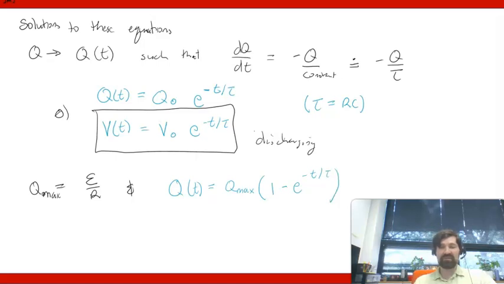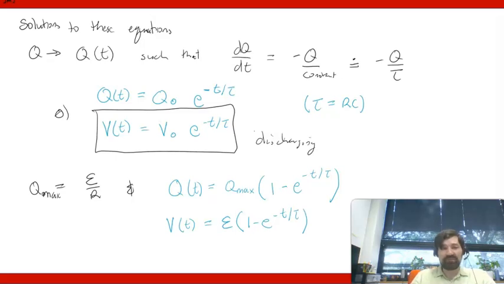Again, tau is RC. And therefore V of t is equal to V max, which in this case is your epsilon, times 1 minus e to the negative t over tau. And so that's what gets you your two values.